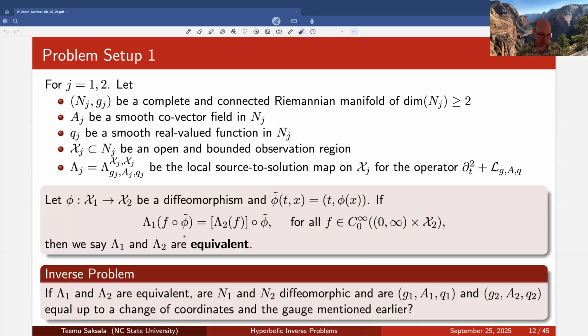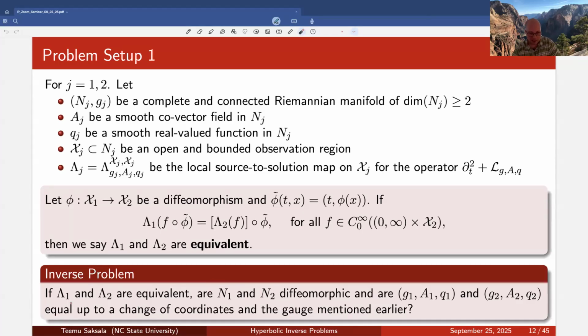And then I'm asking, do I have the same wave if I first change the coordinates and then solve the wave equation and record the wave, or if I first solve the wave equation and then do a change of coordinates? And these two things should be the same. And if they are the same, then I say that my data are equivalent, or these source-to-solution operators are the same.